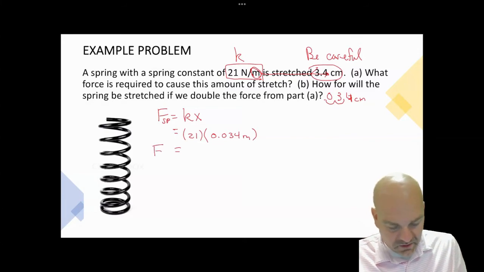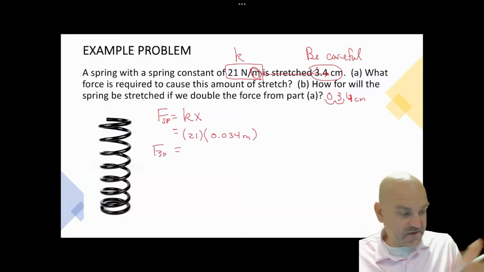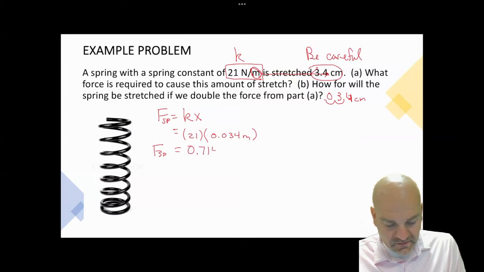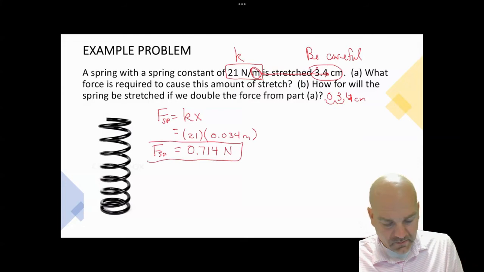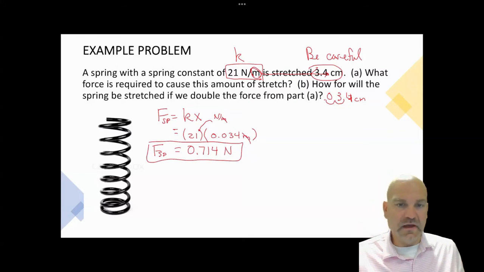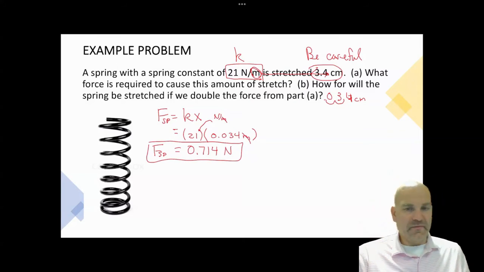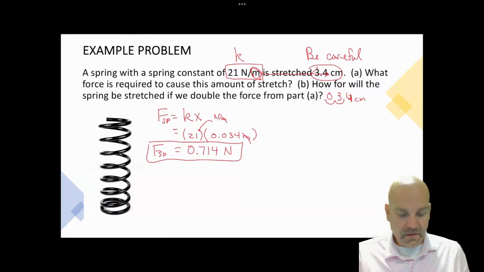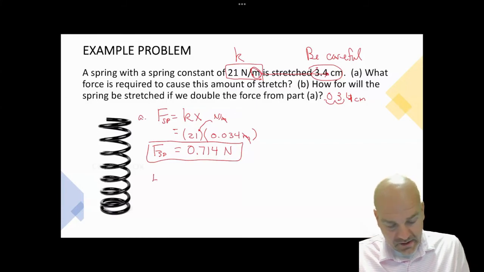That tells us the force we're applying to cause this stretching is 0.714 newtons. Remember, K is in newtons per meter, so when you multiply, you cancel out the meters. That's why they need to be in the same unit. Okay, so that's part A.